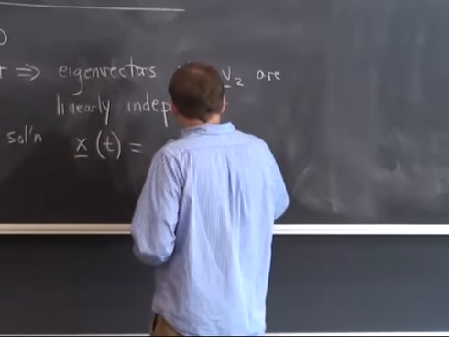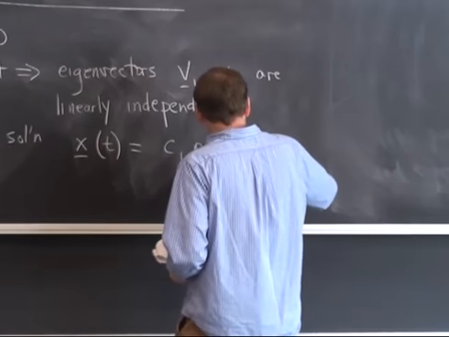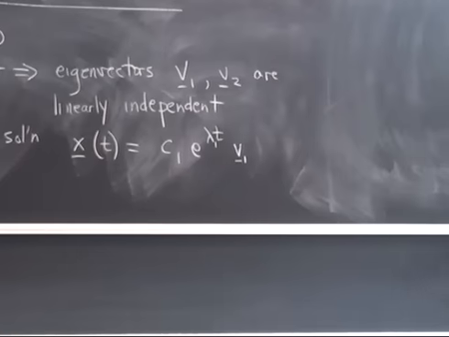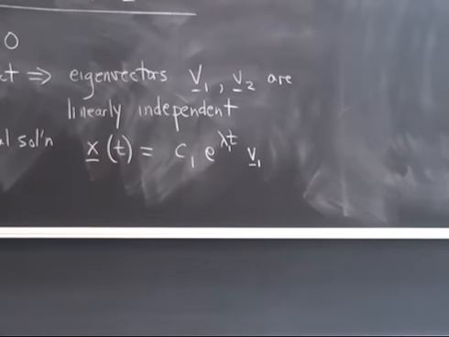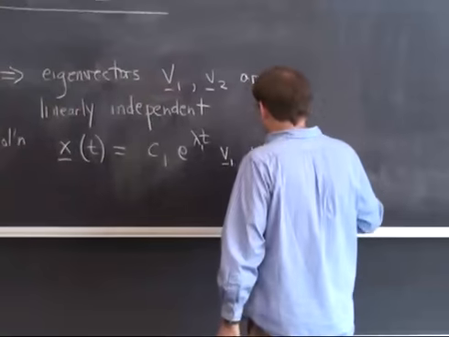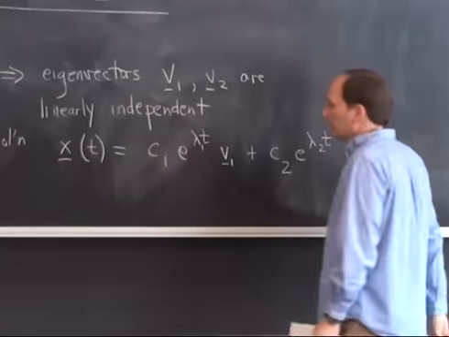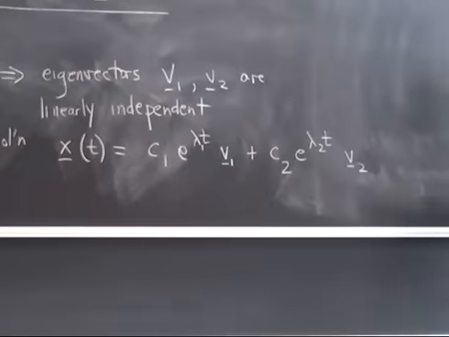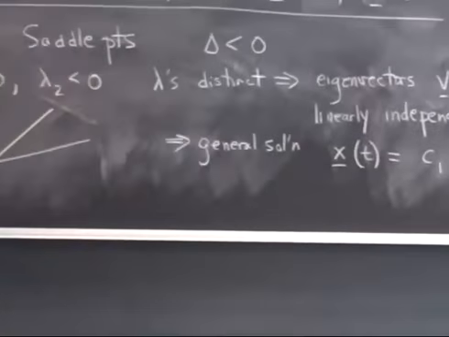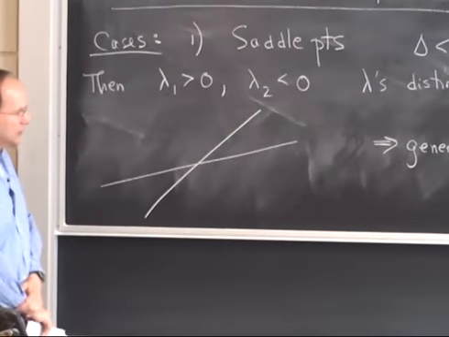You'll get a constant times e to the lambda 1 t, that's the behavior along the v1 direction, and then plus another arbitrary constant times e to the lambda 2 t times v2. So hopefully that looks familiar, that the general solution is a linear combination of these eigensolutions.